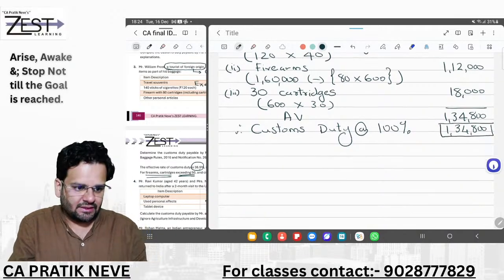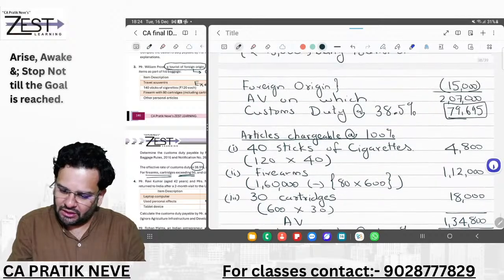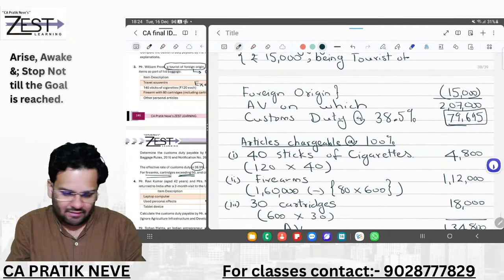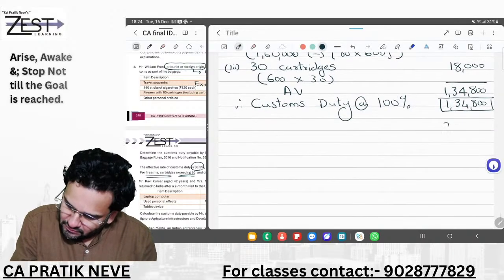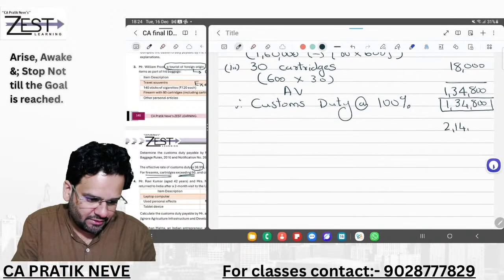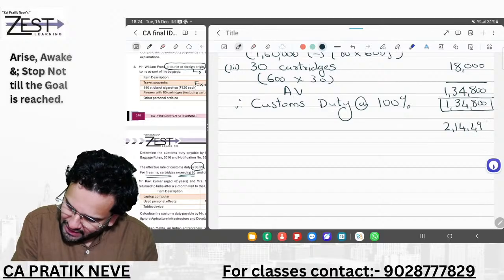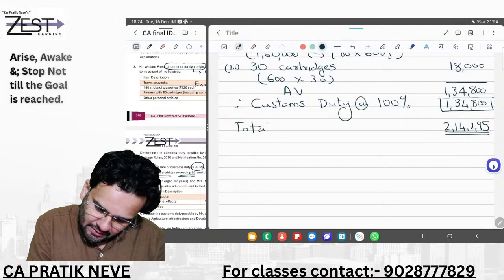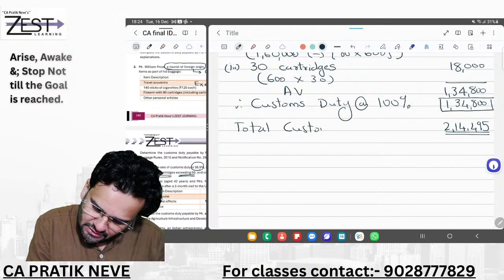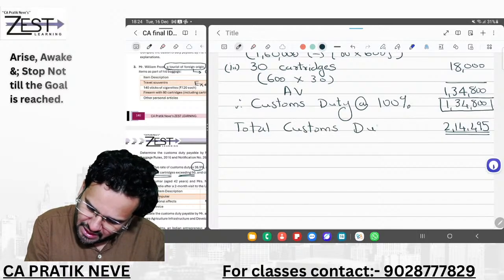Now friends, take the total of 134,800 and 79,695. 2,14,495 is the total customs duty payable on baggage.